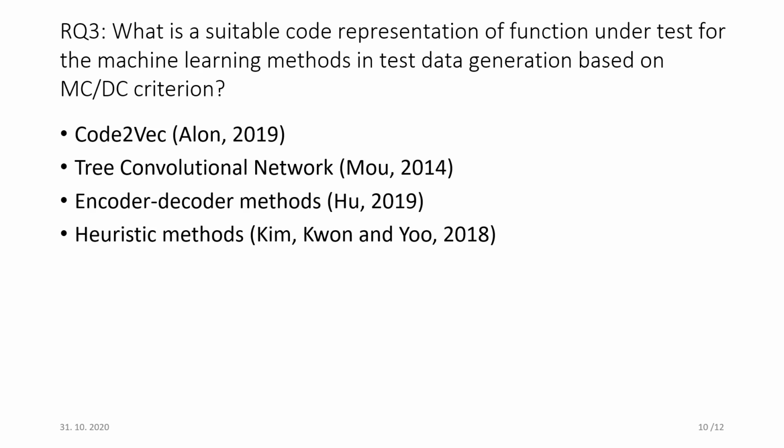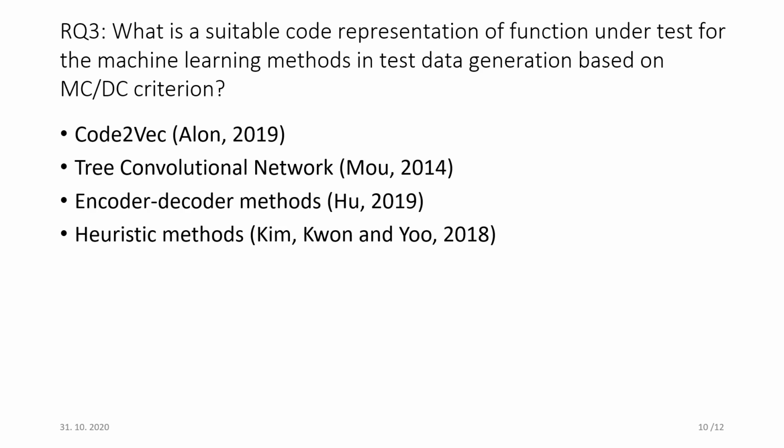We also could use tree convolutional networks, where we try to capture several convolutions from the AST into a subset of embeddings. Or we could use encoder-decoder methods, where on one part we have an encoder and on the other part we have a decoder.